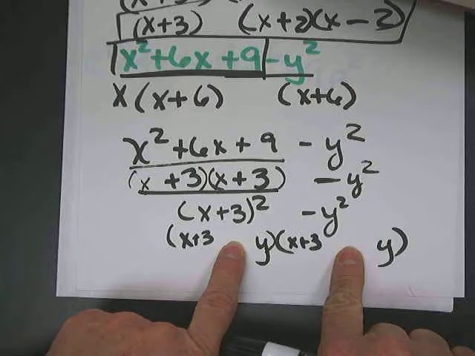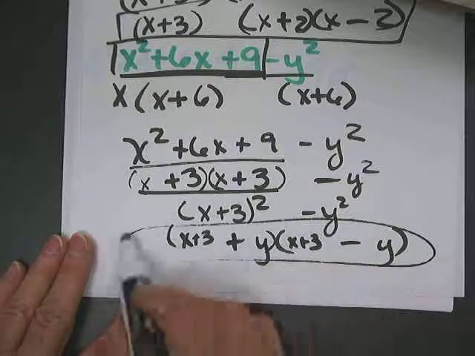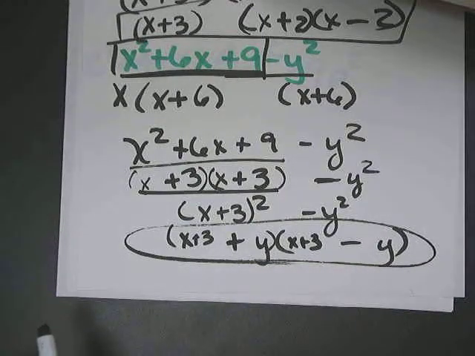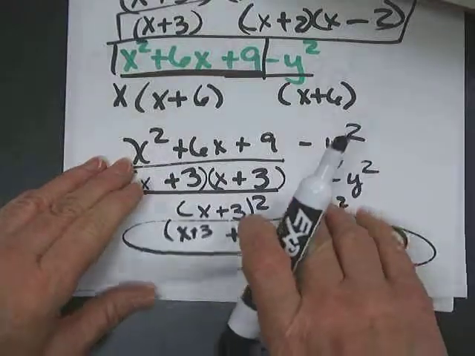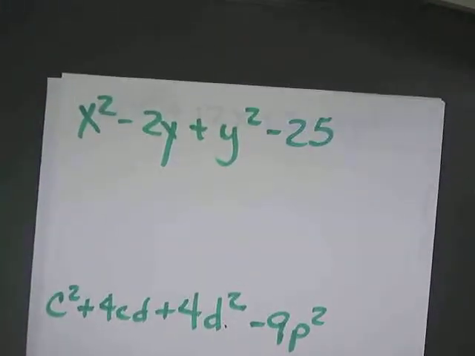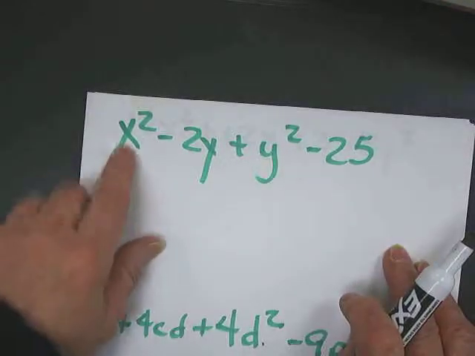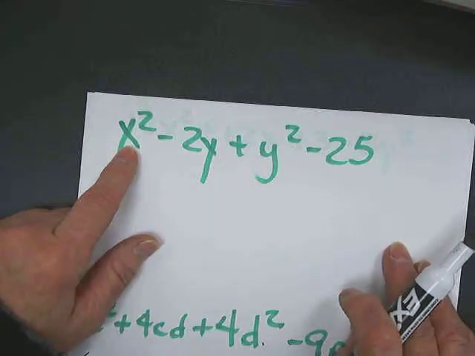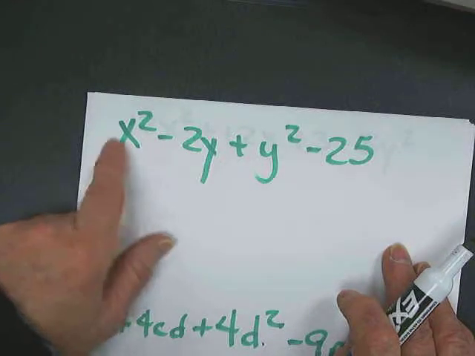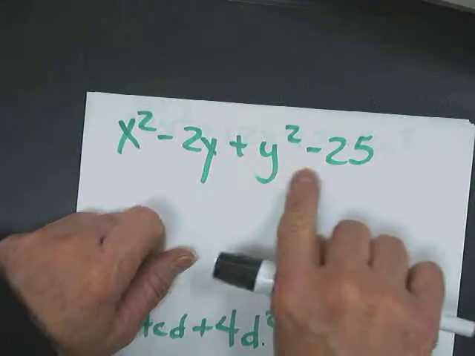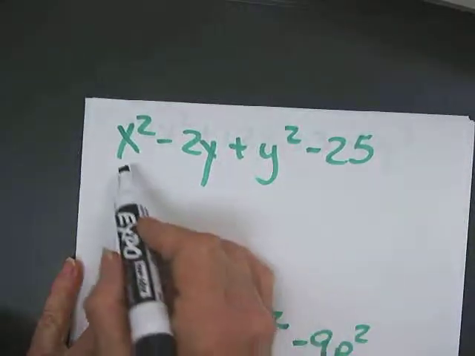What is this squared? It's x plus 3 squared. Square root of it, right? It's this times itself. The last term, y times y. What are the signs? Plus and minus. You haven't seen one of those, huh? You haven't seen them as often.